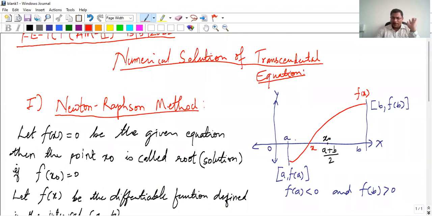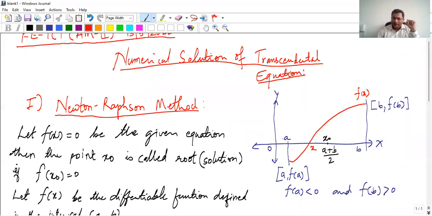Here A is a point, B is a point, and X is our actual root. To start this method, we need one approximate root closer to this actual root.